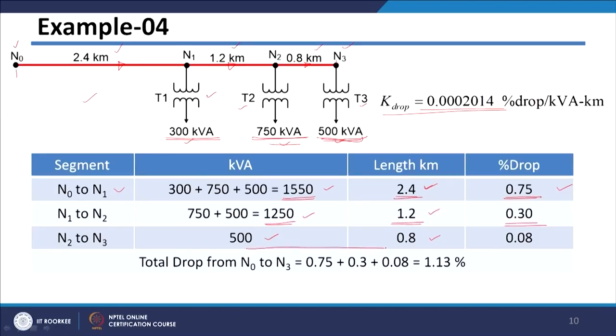Similarly, I can calculate the drop in the third section, and if you add the drops in all the 3 sections, I will get the total drop in the feeder section from N0 to N3. So, the drop from N0 to N3 will be 1.13%. So, this is the application of K drop factor.